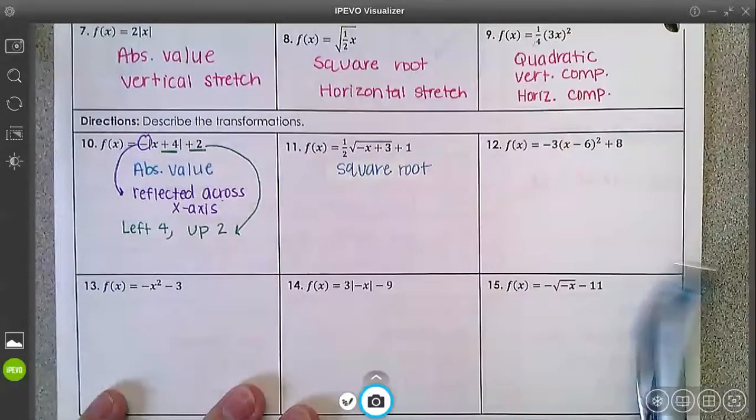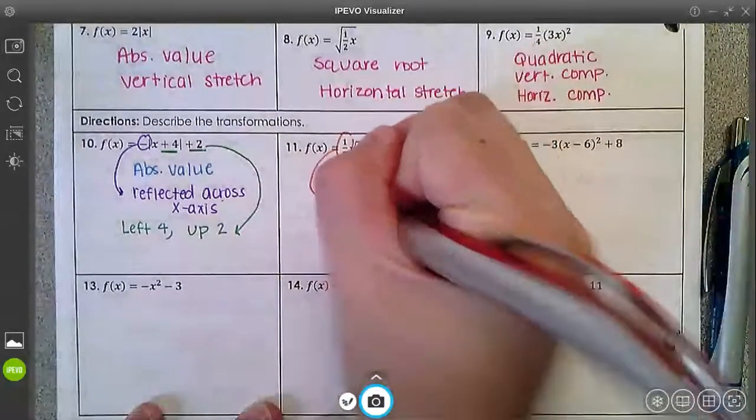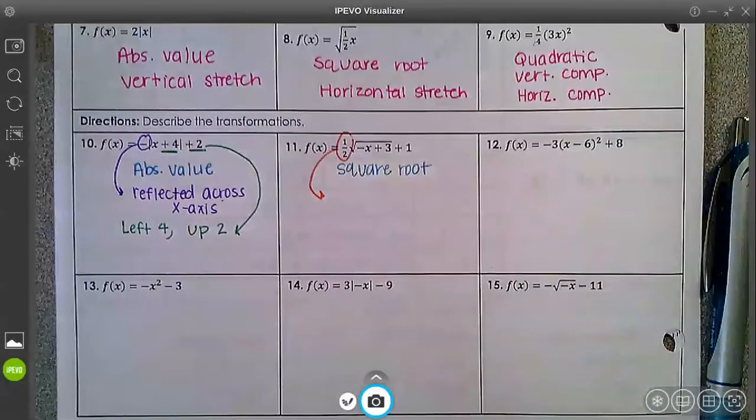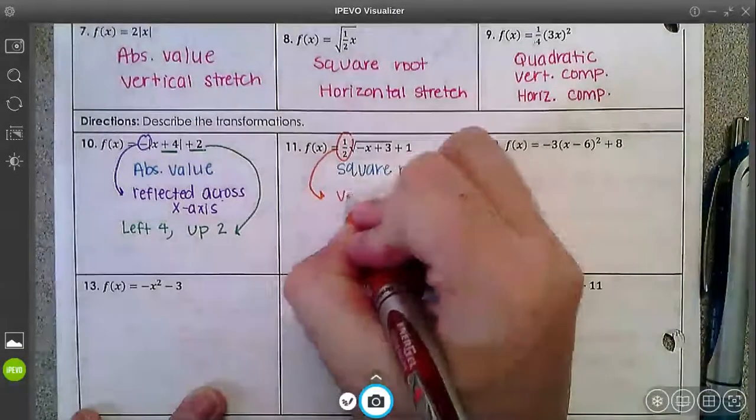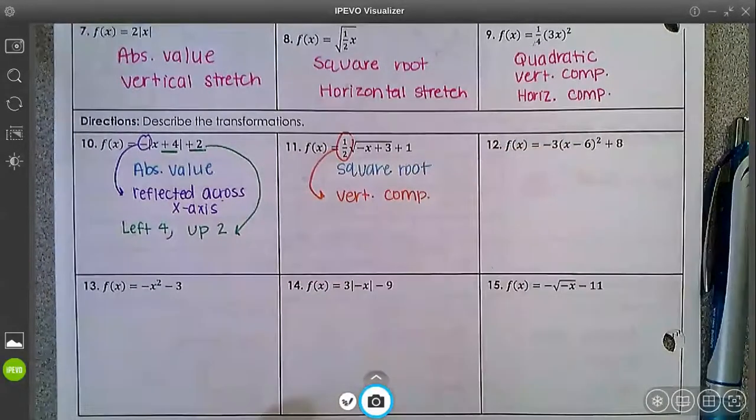All right, what's in the very front? A 1/2. So what does that mean? Vertical compression. Good.